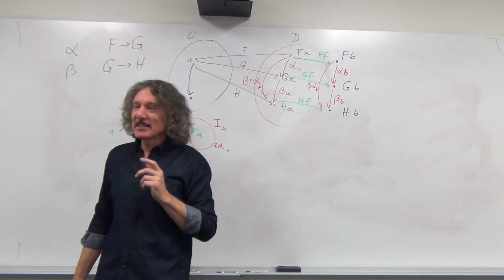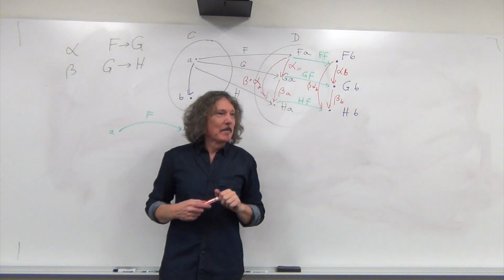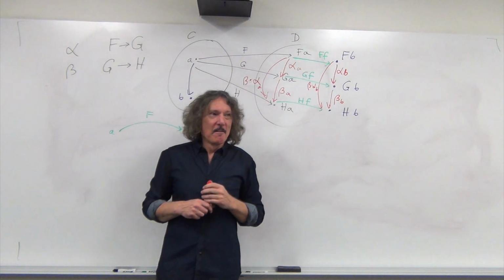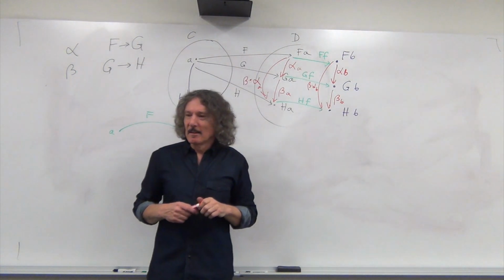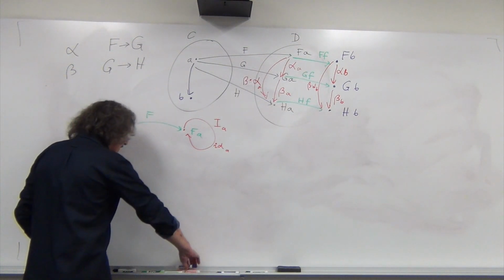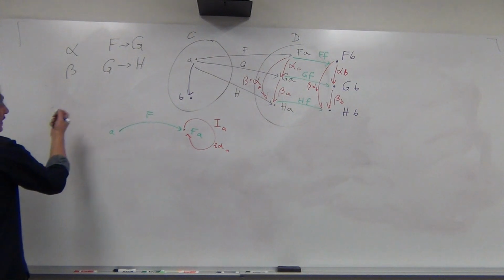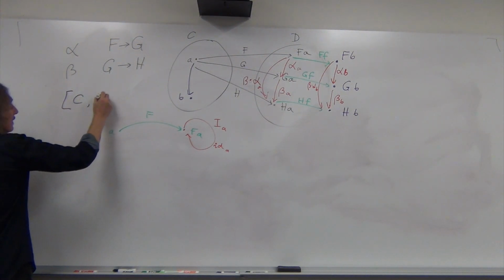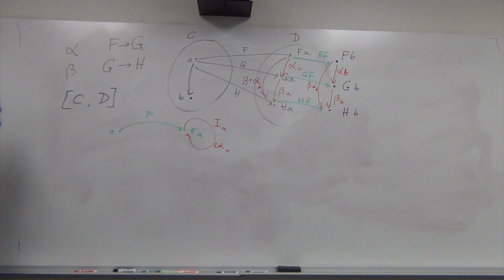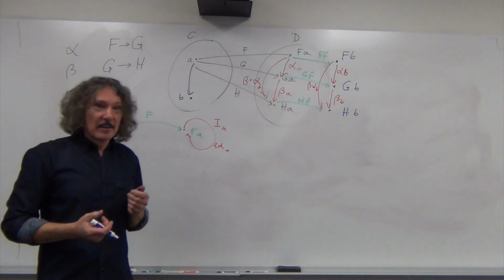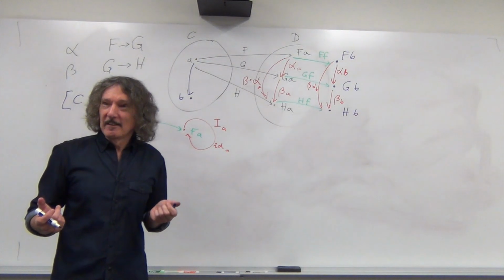Okay, so what category are we talking about? What are the objects? Functors. Okay. So functors, makes sense. Functors between two categories C and D form a category in which these functors are objects and natural transformations are morphisms. Okay?